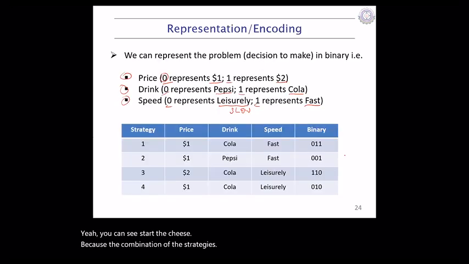Okay, so for strategy 1, for example, we put price $1, drink cola, and speed fast. So how do we represent the binary here? Can you do this one?